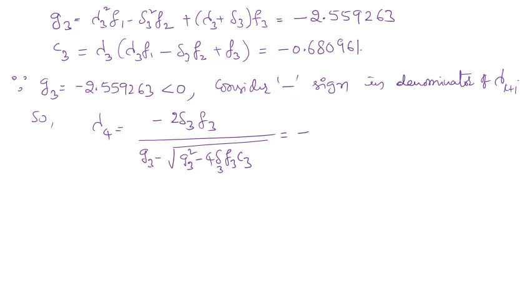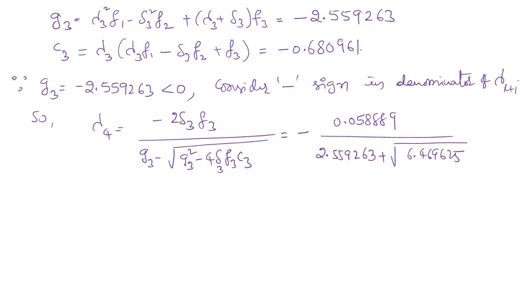Now taking the negative sign common, this entire value is by 2.559263 plus, negative sign is common, 6.469625, and this lambda 4 value is minus 0.11151.